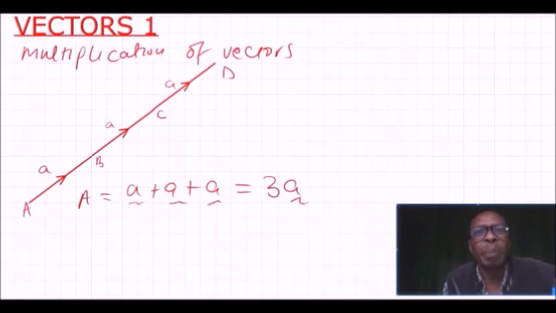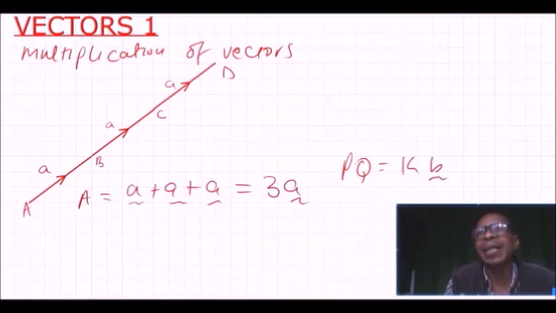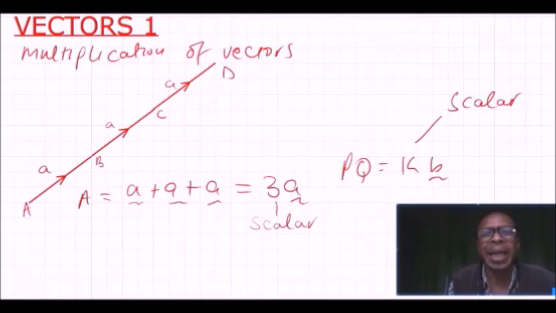Remember we use the arrow notation to indicate a vector. So when you write, for example, PQ is equal to K times vector B, K is known as a scalar. We call it a scalar multiple. Here 3 is a scalar, because we have multiplied that vector by 3. Now we have a negative scalar.